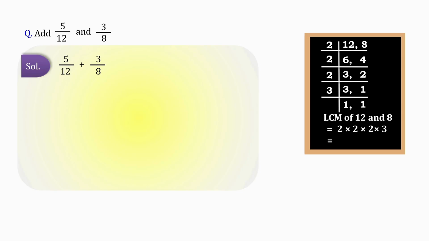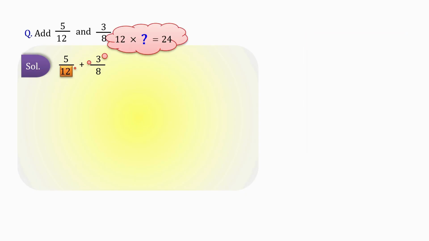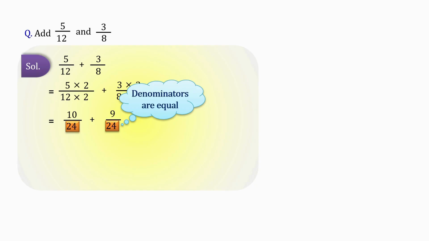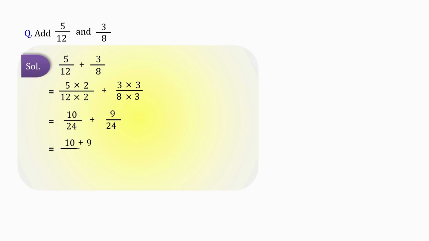So LCM of 12 and 8 is equal to 24. Now the denominators are equal. Now we have to add the numerators only. So we got the number as 19 by 24.